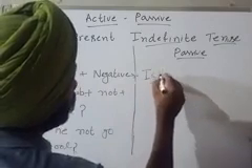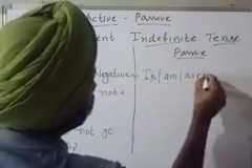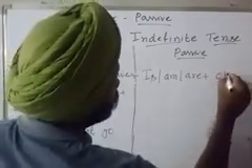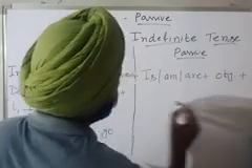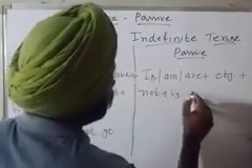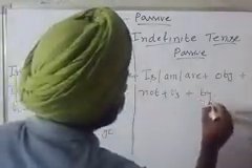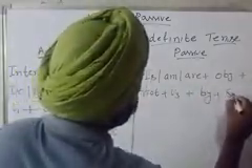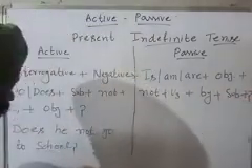Here we use is, am, are, then we use the object of the active sentence, then we use the negation, verb third. We always use verb third in a passive sentence. Then preposition by, then subject, and we end the sentence with a question mark.